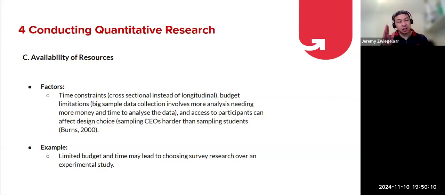Budget limitations. Of course, we're limited in terms of the sample that we have. And so we won't really be looking to spend a lot of money to create surveys with lots of incentives, such as vouchers. We don't have that kind of access. So we also need to think about who we are accessing and how easy it is to access the sample that we are looking to target.